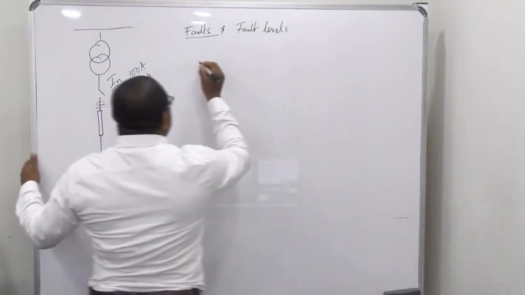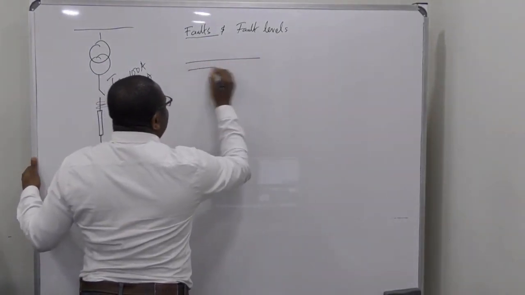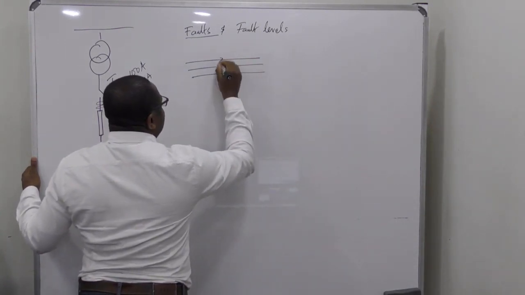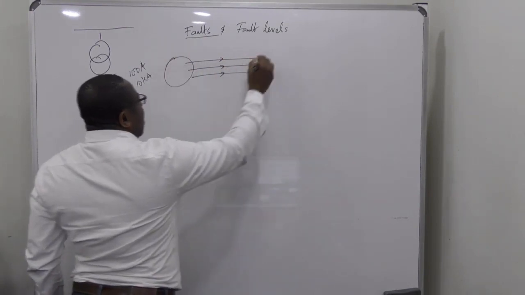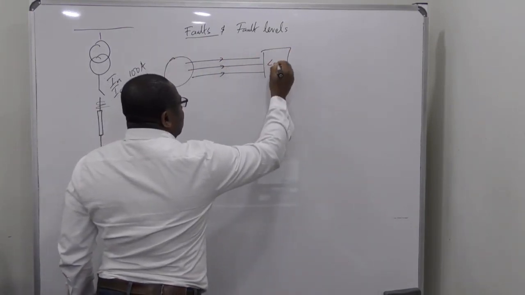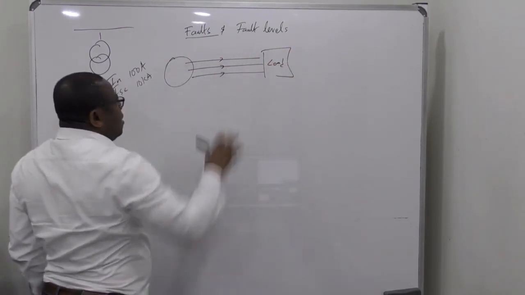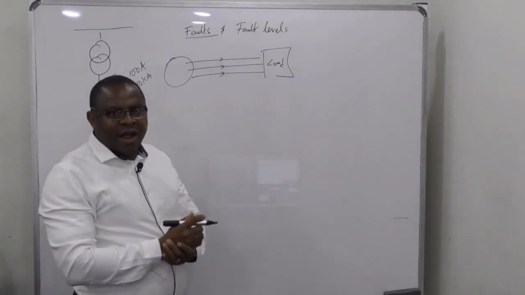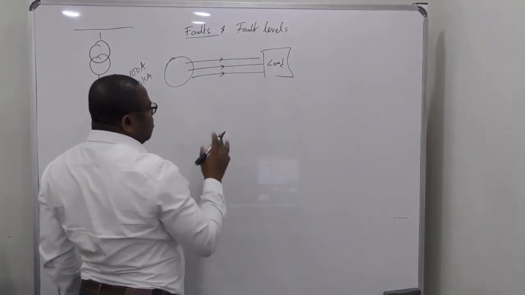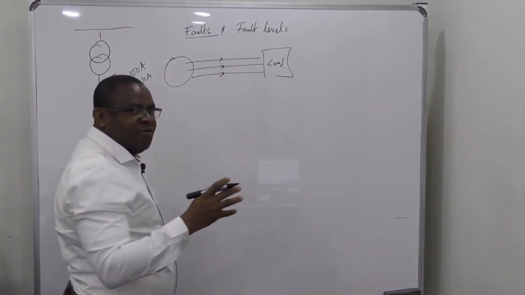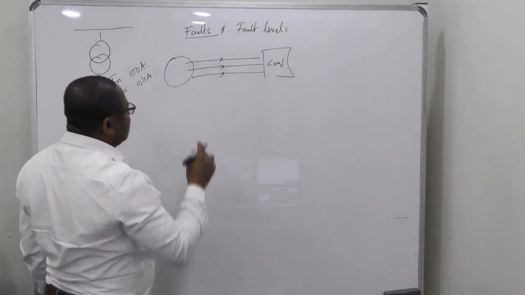So if I have, for instance, phase A, phase B, phase C. Remember that if I have this source and I have this as our load, and the load is balanced, the current flowing through here and there will be equal, but they will only be phase shifted by 120 degrees.